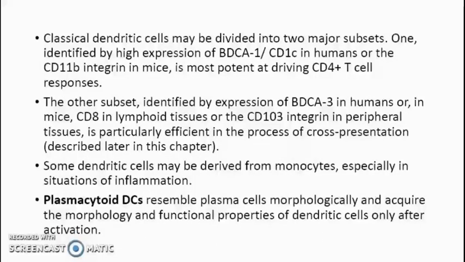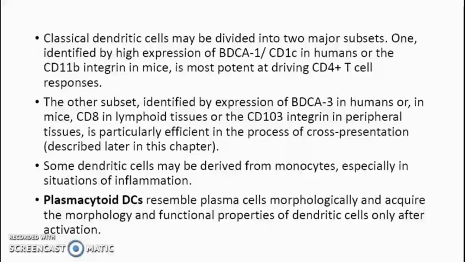Classical dendritic cells may be divided into two major subsets. One, identified by high expression of BDCA1, CD1c in humans, or CD11b integrin in mice, is most potent at driving CD4 T cell responses.